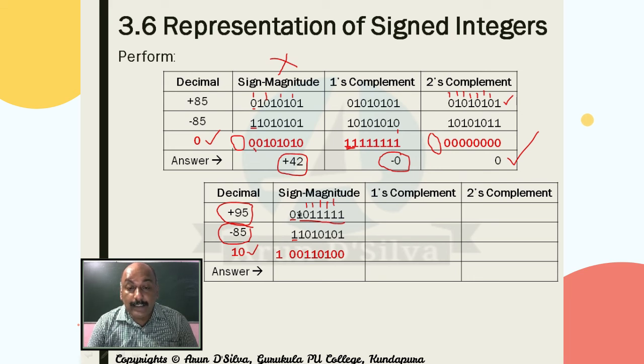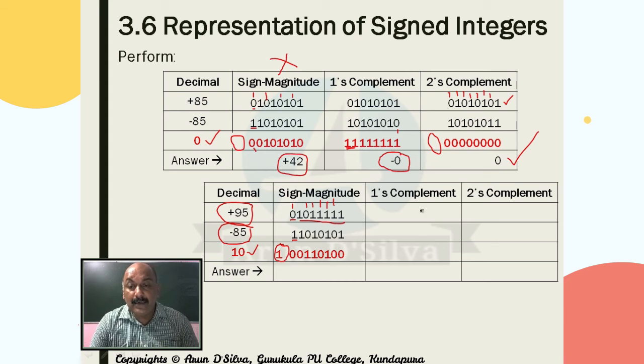Next is 1 plus 1, I got 1 0, I wrote 0 here, and 1 generated a carry. Now here 1 plus 1, I got 1 0, I wrote 0 here, and 1 I generated as an end carry. So I got the answer 0 0 1 1 0 1 0 0. This is in sign magnitude.